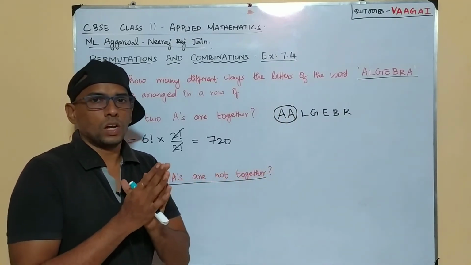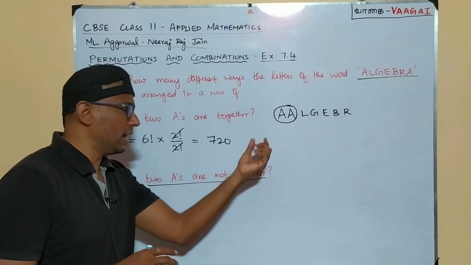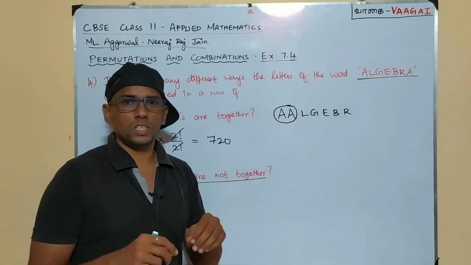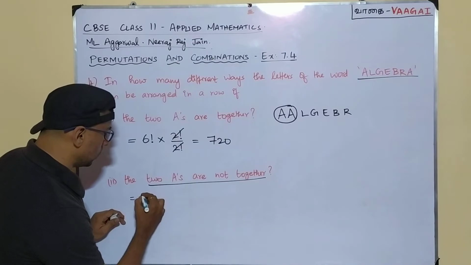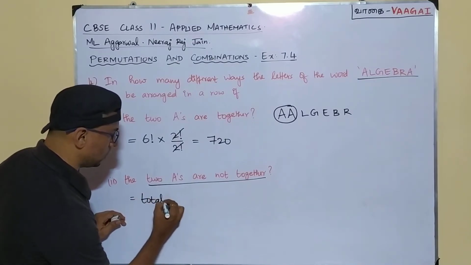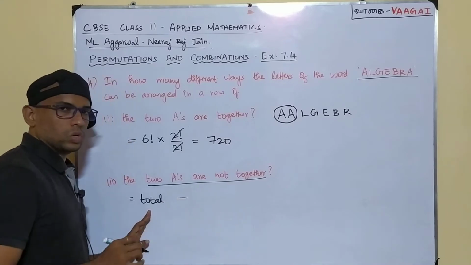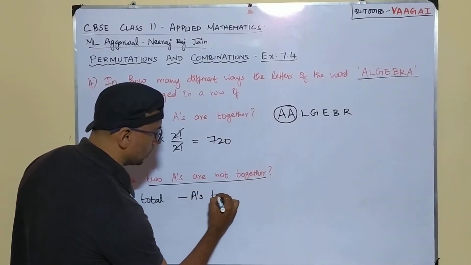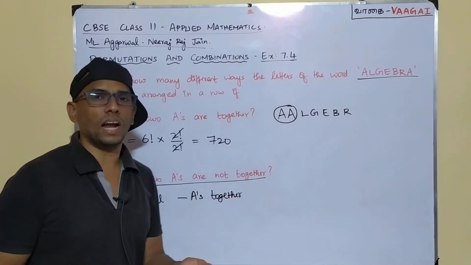Very simple. Now just think very carefully. If the two A's should not be together, then what can be the answer? The simple thing you can do is, first of all calculate the total number of arrangements, and from this total you just remove the arrangements where the A's are together, so that we can very easily attain the answer.